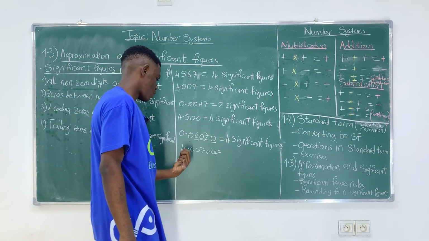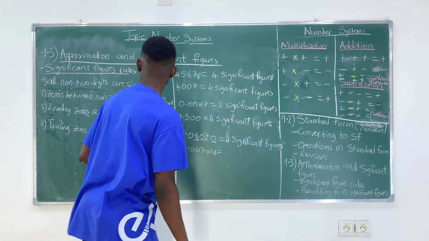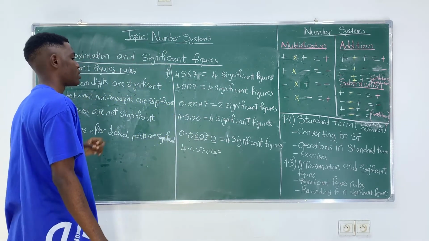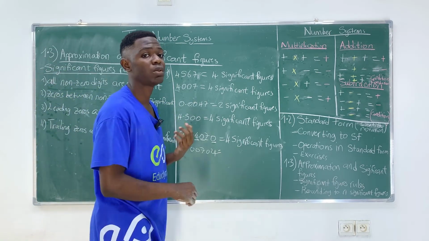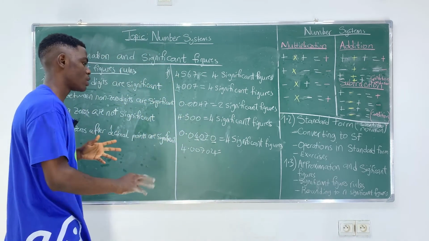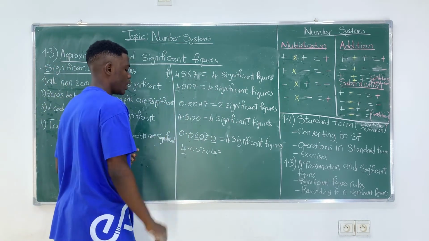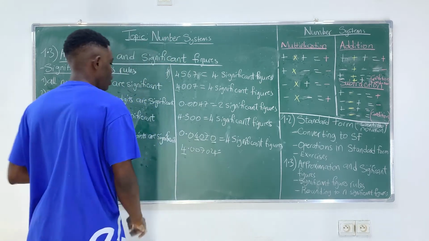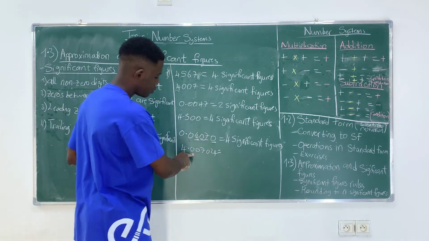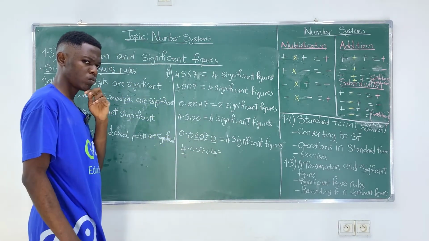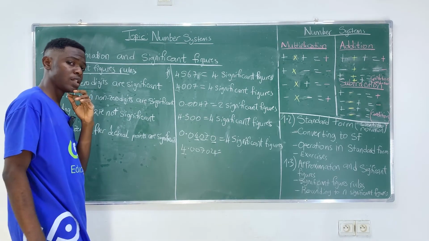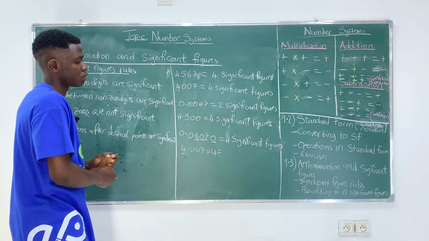So let's start. Is 4 a significant figure? Yes. All non-zero digits are significant figures. So if you see a number anywhere that is not a 0, don't doubt, it is significant. So we have one significant figure. Point 0. Is this 0 a significant figure?